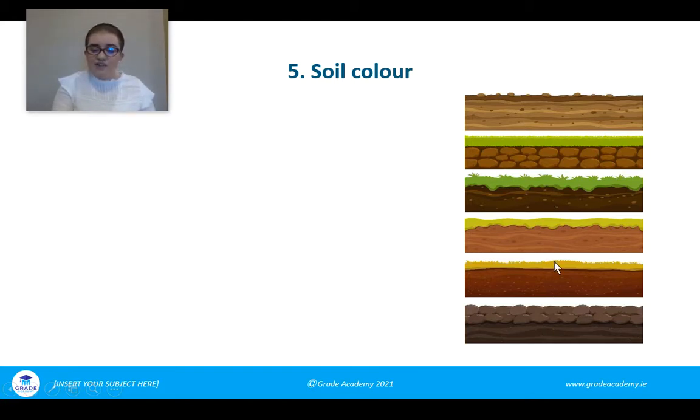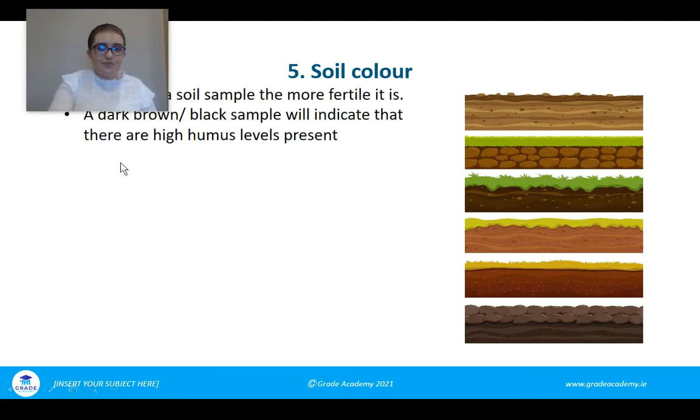The next two have a reddy orangey colour, so there's probably some leaching there or build-up of iron. And down here, again, you have a darker colour, so maybe that's clay soil, the presence of humus. So different soil types will have different colours, all right? And depending on the colour, that will affect things like the fertility.